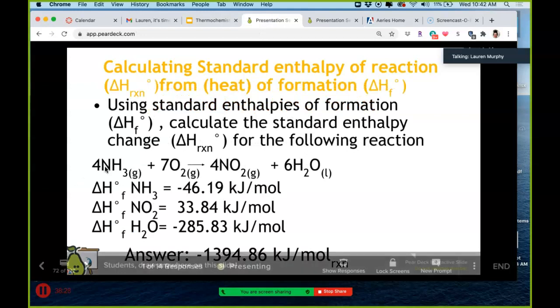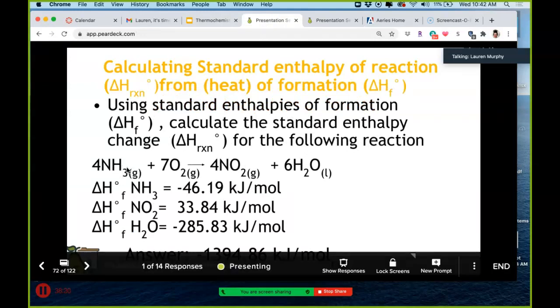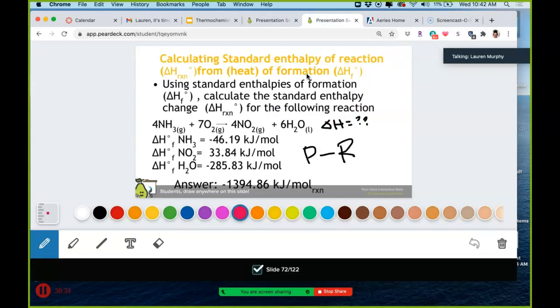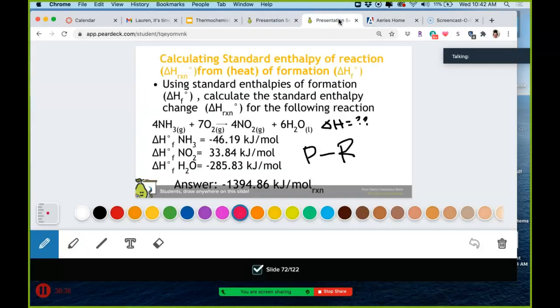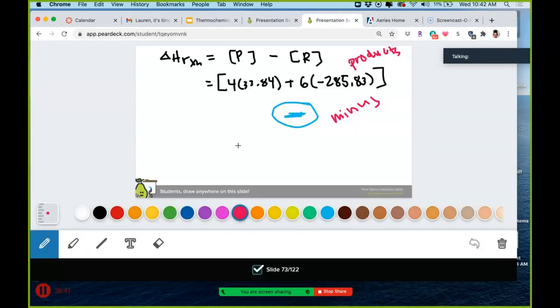So I have 4 ammonia, and ammonia is -46.19. And then plus I have 7 oxygens. Well, oxygen is pure elemental, it's just O2, so its value is also 0.